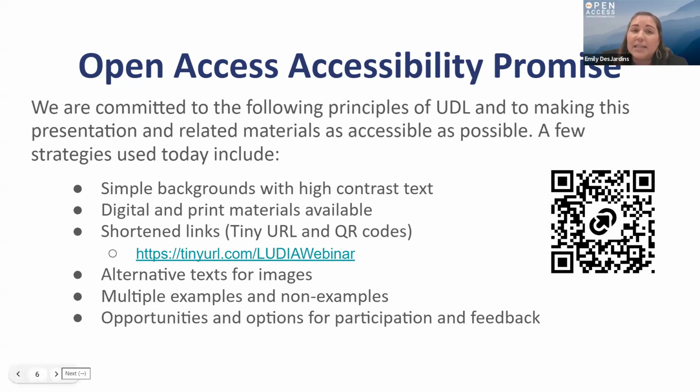We have our shortened links and QR codes, and as you'll see in the chat, we've dropped the home base document there, and you can also access it from this QR code or tiny URL. We use alt texts for images to support screen readers, and we do our best to provide examples, non-examples, and encourage participation. I know that can be a barrier virtually, but we will do our best today.